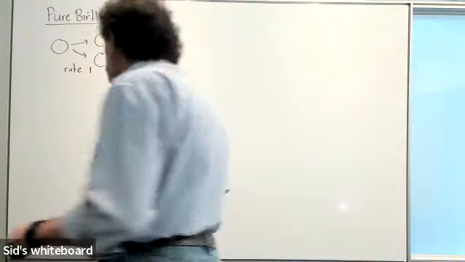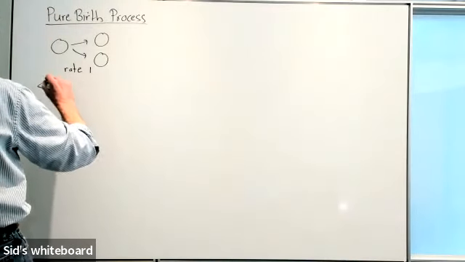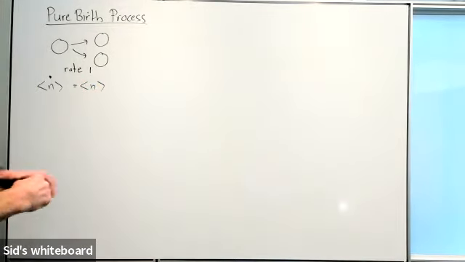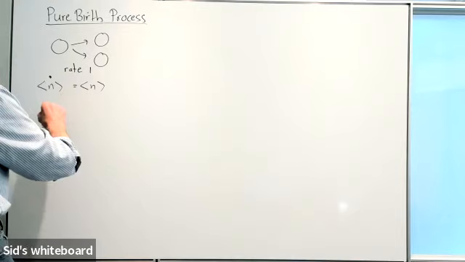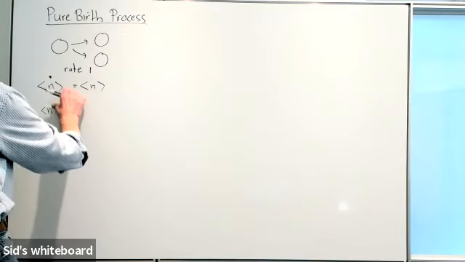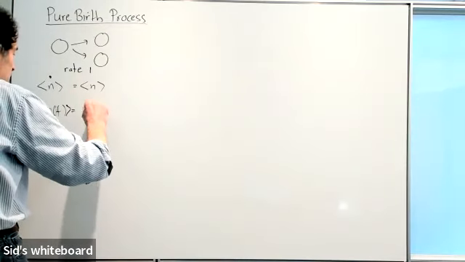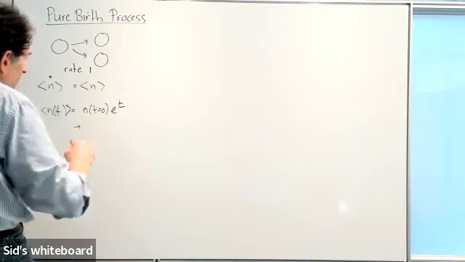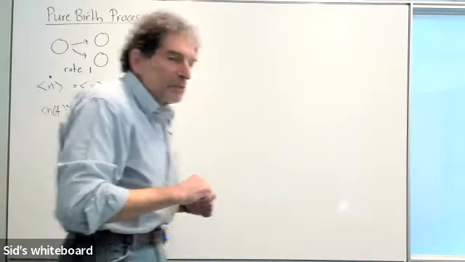What I showed last time is that the average number of cells is governed by the rate equation, n dot is equal to n, because every single cell gives birth with rate 1. So the rate at which the number of cells grows is just equal to the number of cells itself. From this, we get that the average value of n of t is equal to n at t equals 0 times e to the t. Typically I'll choose 1 particle at the beginning, so this is just e to the t. So it's as simple as can be.